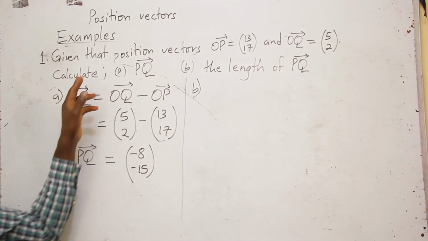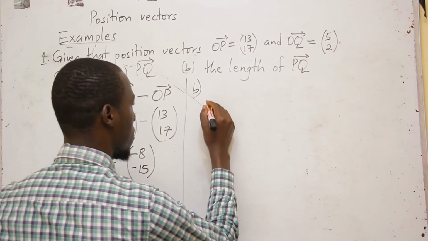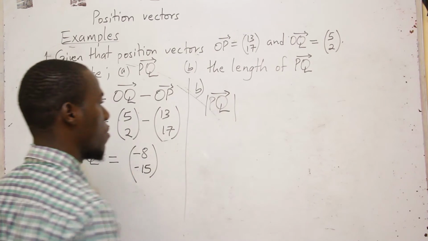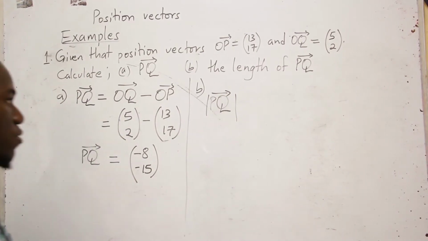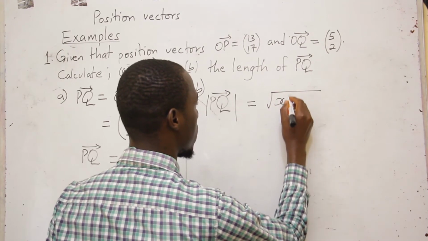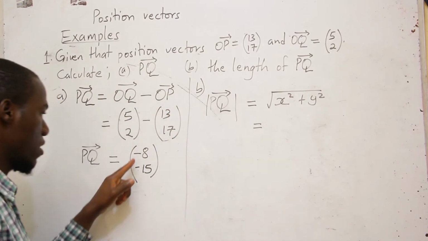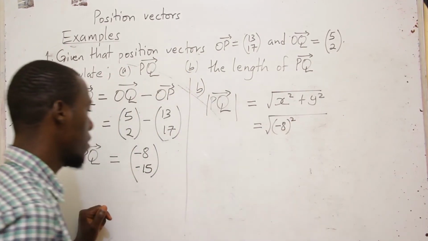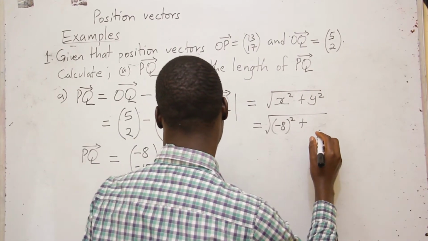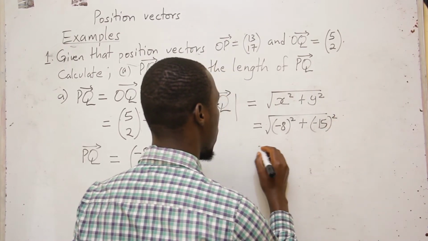Part B, they're telling us to calculate the length of PQ. The length, we say it's the same as getting the magnitude. We have already got that vector PQ, and this is going to be equivalent to the square root of x squared plus y squared. So the x value here is negative 8, that is negative 8 squared, plus the y value, negative 15 squared.